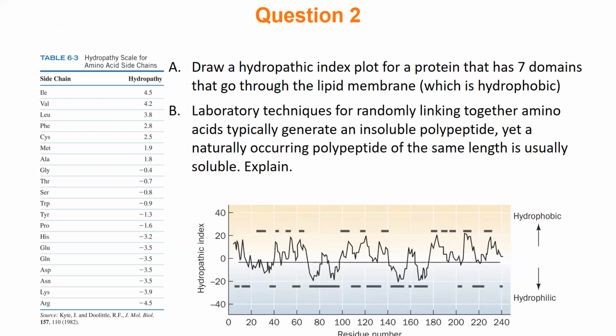So what I want you to do, and I'll give you a couple minutes to do this, I want you to draw me a hydrophobic index plot or hydropathy plot for a protein that has 7 domains that go through the lipid membrane, keeping in mind that the lipid membrane is hydrophobic.